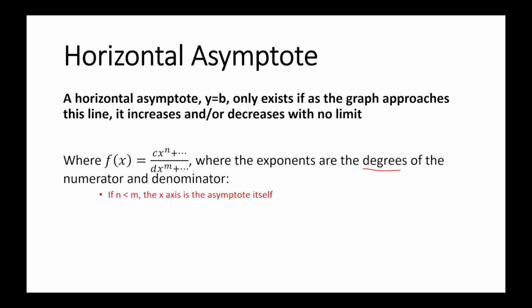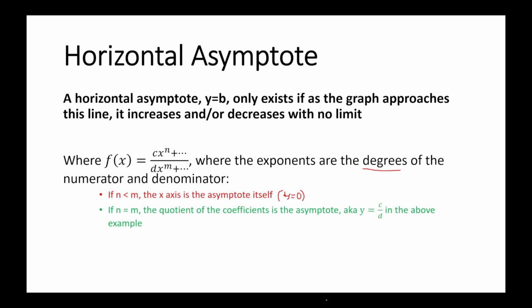Compare across the two. If the degree of the numerator is less than the degree of the denominator, then the asymptote is the x-axis. That means that your equation ends up being y equals 0. Y equals 0 is also known as the x-axis.